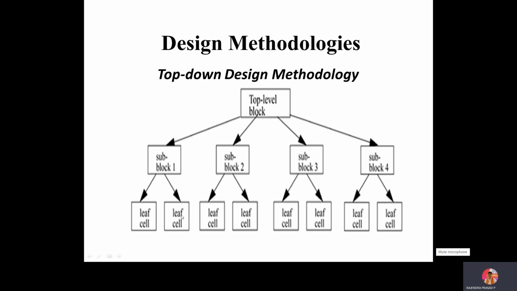Suppose I want to implement a full adder. That full adder will be at the top level. You are going to implement the full adder using half adders. So at the sub-block level, you will have half adder 1 and half adder 2, because two half adders are required for the full adder. So no need for sub-block 3 and sub-block 4. Only half adder 1 and half adder 2 are sufficient.